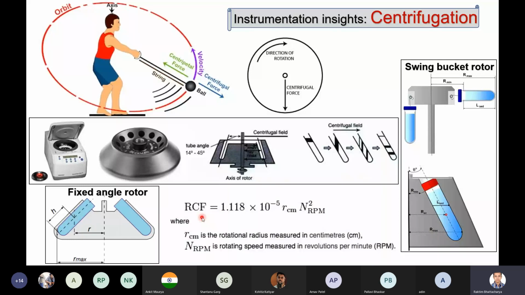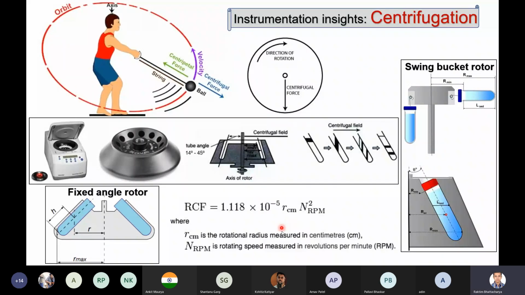If your sample contains 2 or 3 types of different solute, then those 2 or 3 types of solute can be separated using the swing bucket rotor. But for simplicity at this moment, we'll use the fixed angle rotor, where there is a fixed angle and it will be useful to separate a single type of solute from solvent.